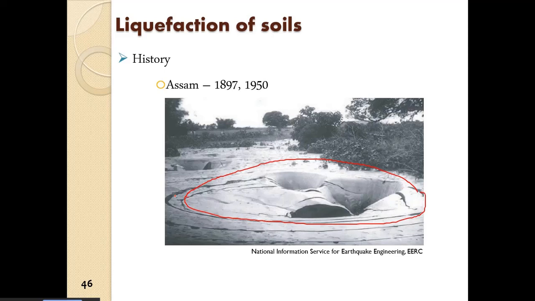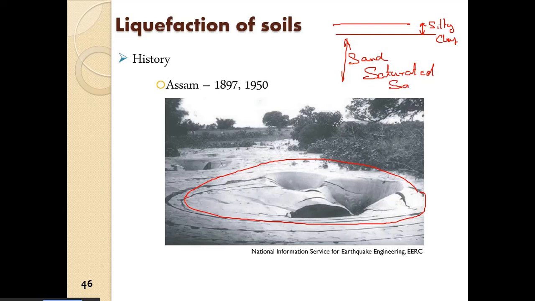All right, so the cracks and other things are mainly because if you go to a paddy field, you will notice that there is one layer of silty clay on top, and then there is sand, saturated sand.